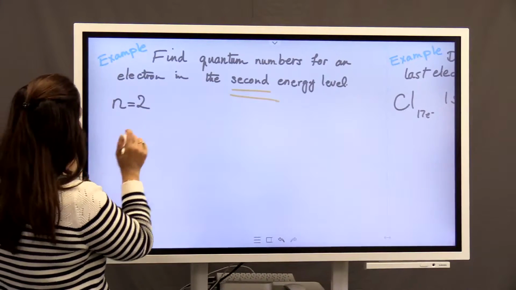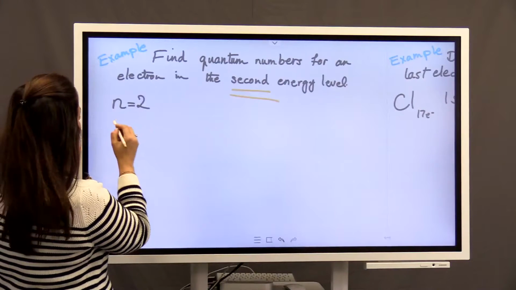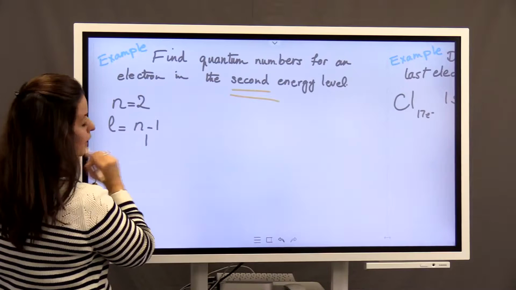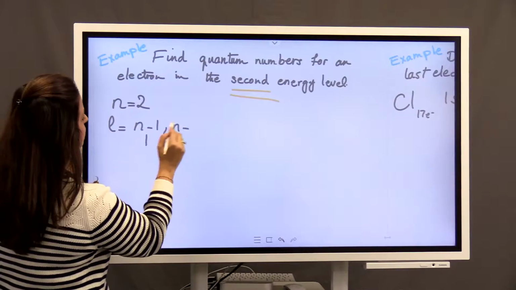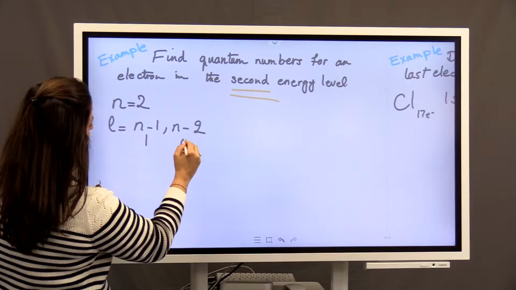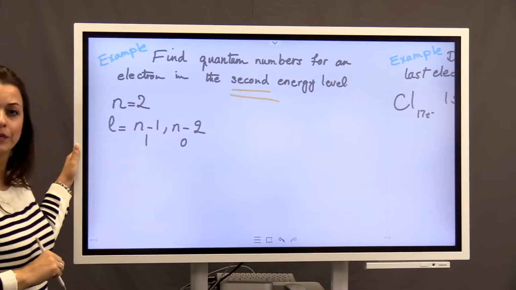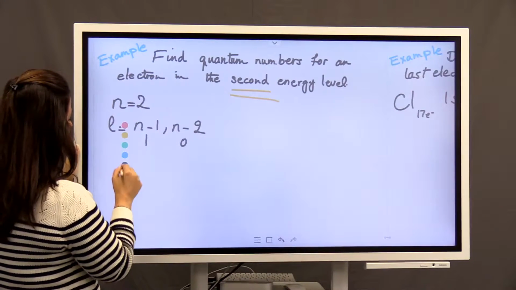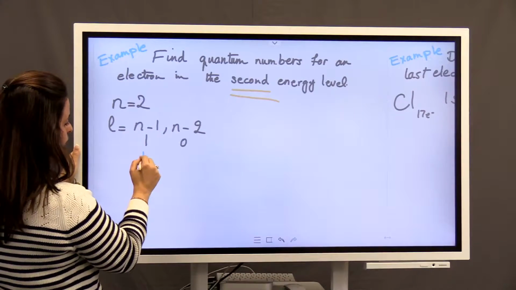So, for a given N, possibilities for L are N minus 1, which is 1, and N minus 2, which is 0, right? So what was the assigned letter for L equals 1?